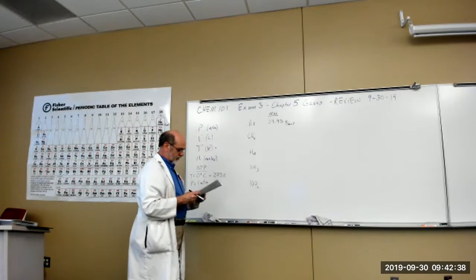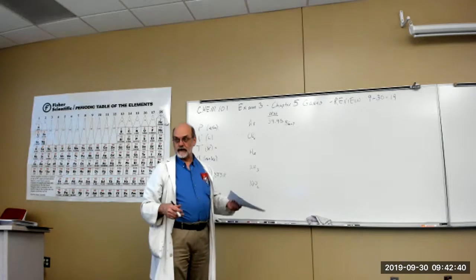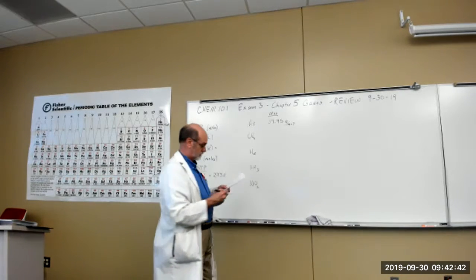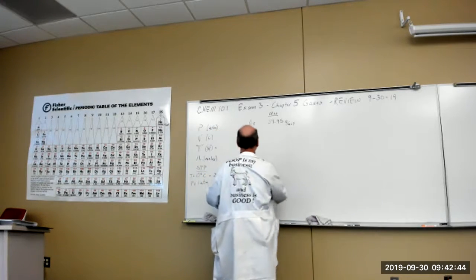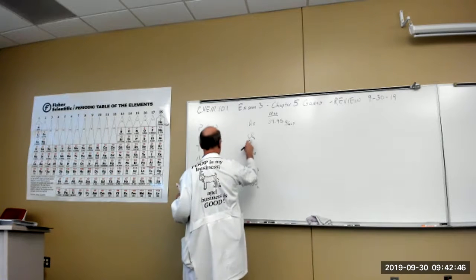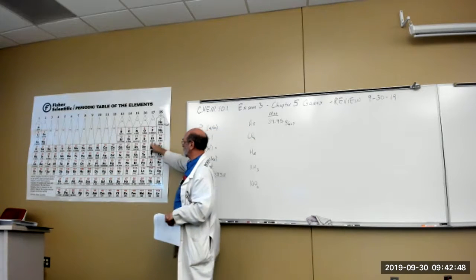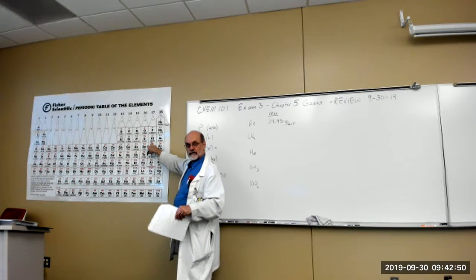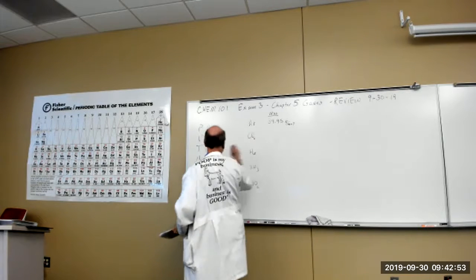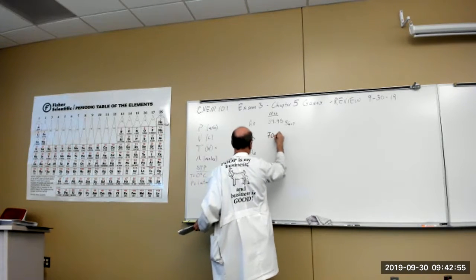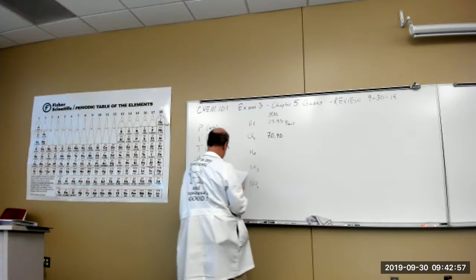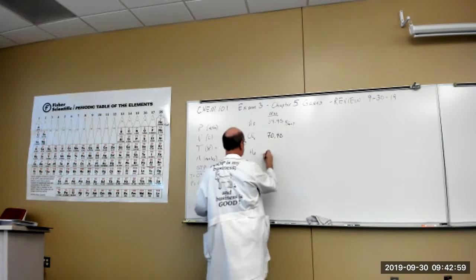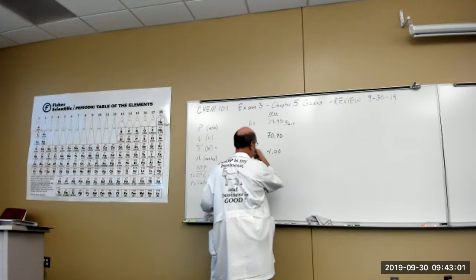So there's no law against calculating molecular weights for the rest of them, right? What's the molecular weight of chlorine? Well, it's diatomic, so it'll be 2 times this value. 35.45 times 2 is 70.9. And helium is 4.00.